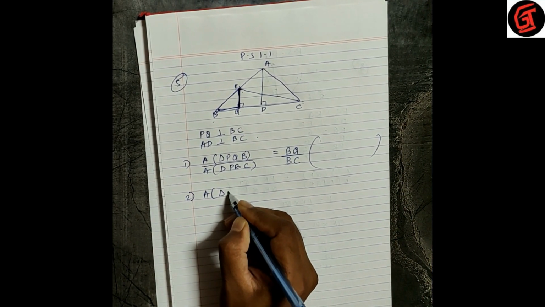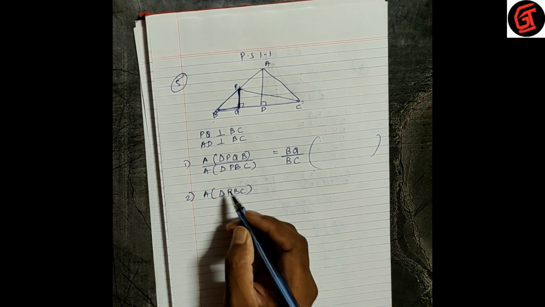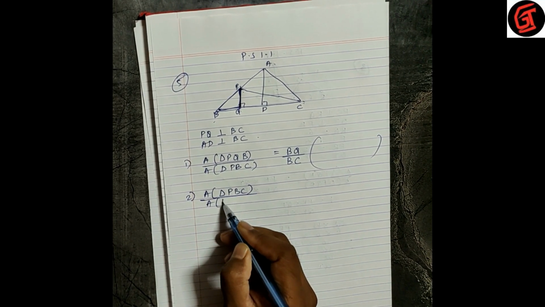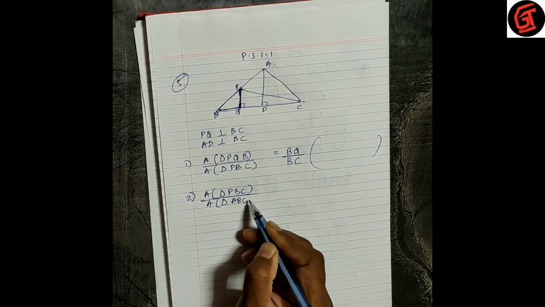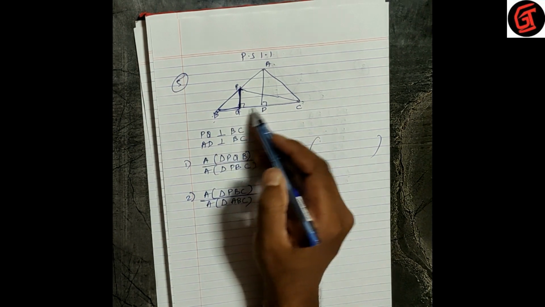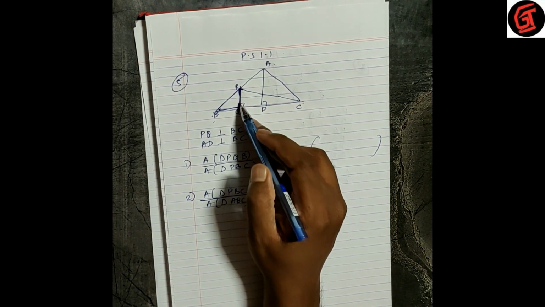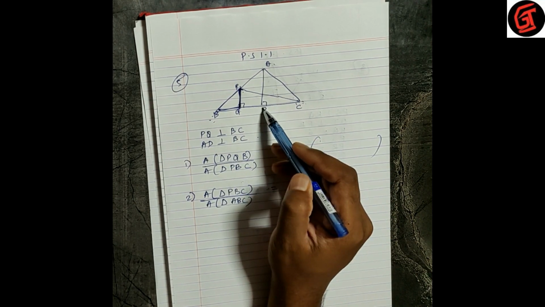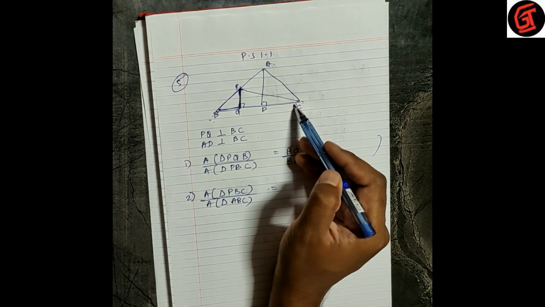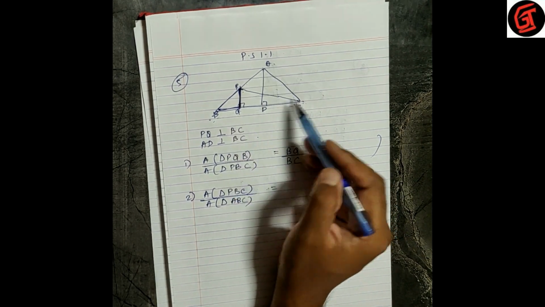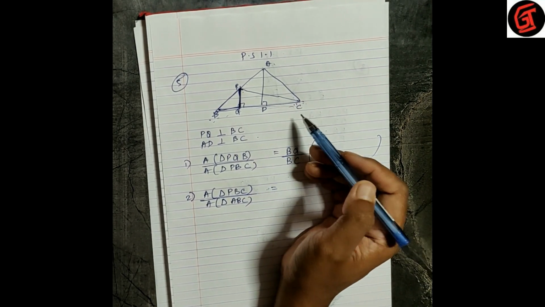Second one, what we have to find out? Area of triangle PBC, we are doing the fifth sum of practice set 1.1, please check that, upon area of triangle ABC. Let's check PBC again. PBC, base BC, height PQ. ABC, base BC, height AD. So your base is common.